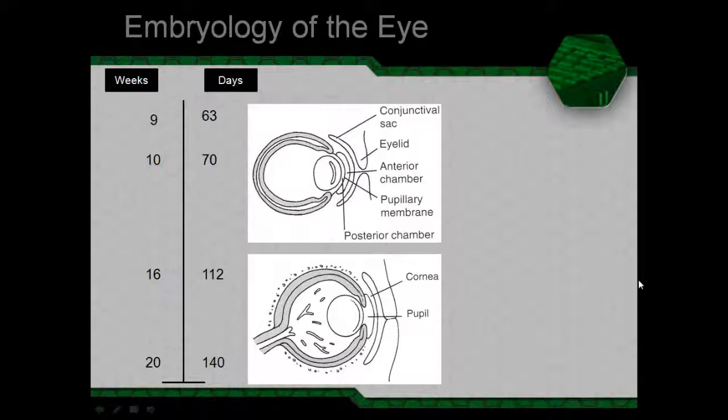Okay, and that happens by about the end of the 8th week, as can be seen right here. Now, between the 5th and 7th months, they separate again.